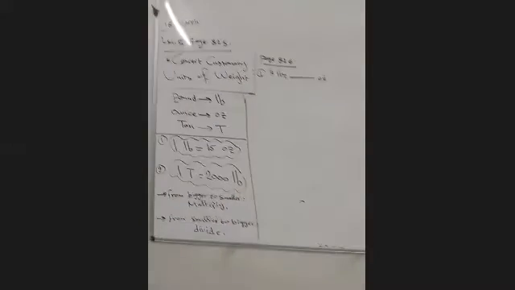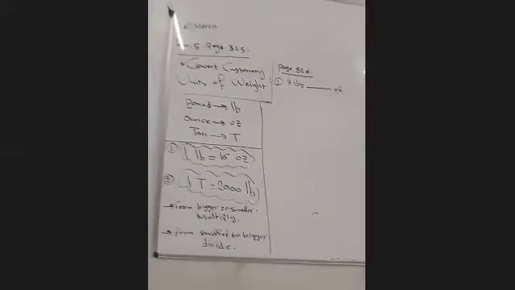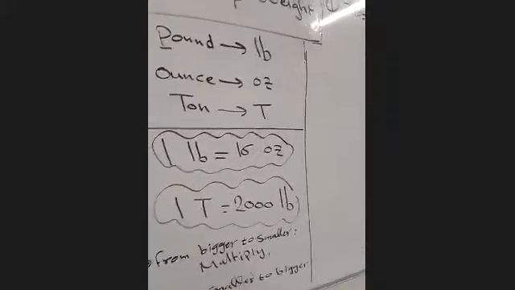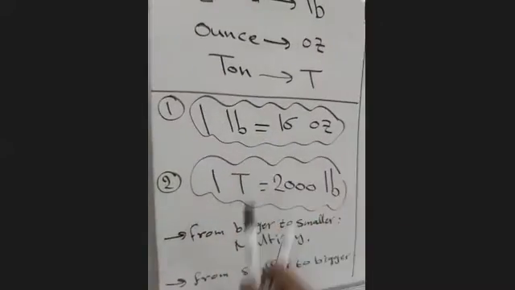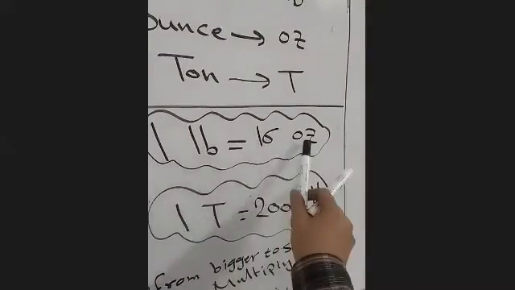lb means pound, oz means ounce. Now, how do we solve this question, how do we convert between these two units, guys? We go to our relationships here. The one which connects the pound and the ounce is the first one. Now, I turn from pound to ounce, from bigger to smaller.